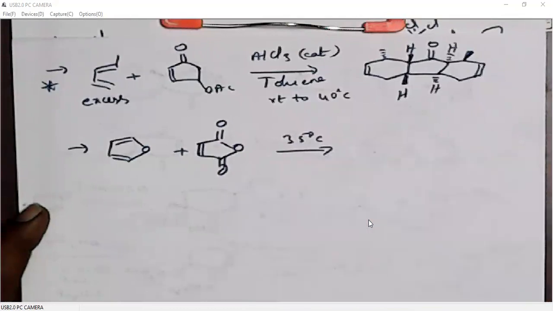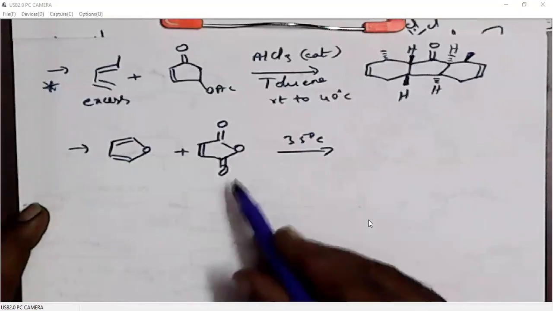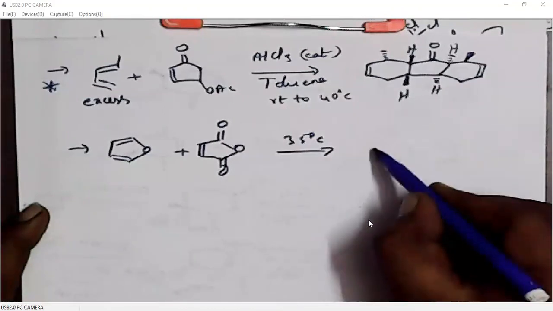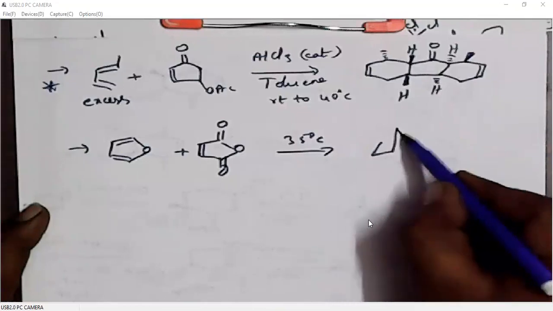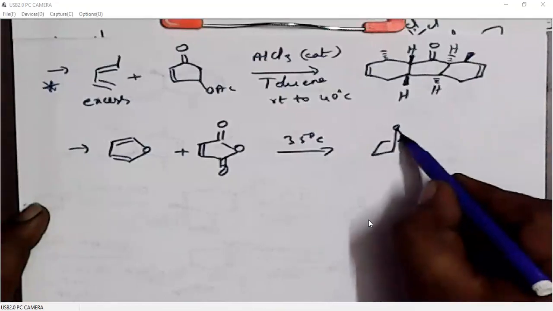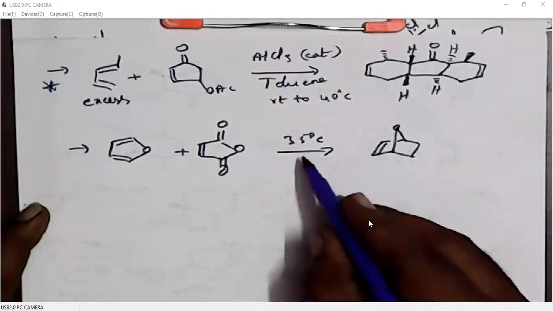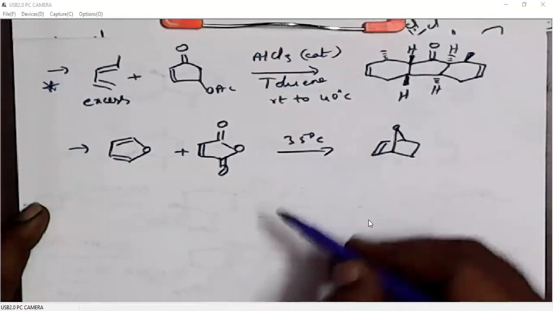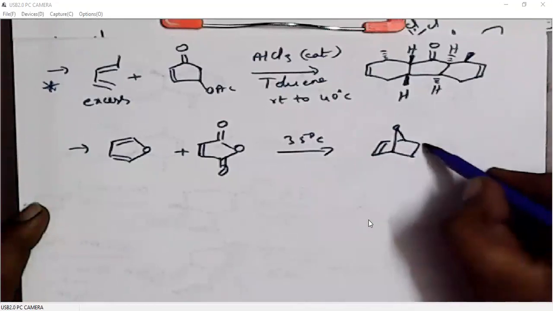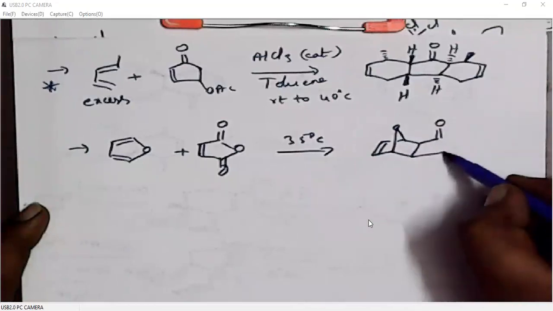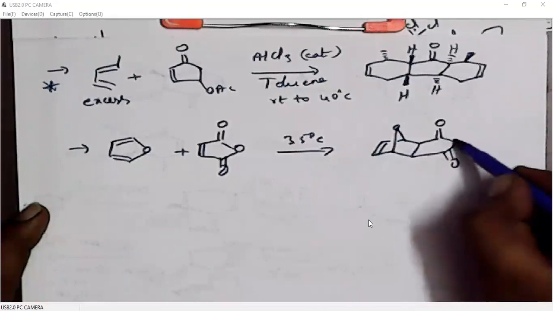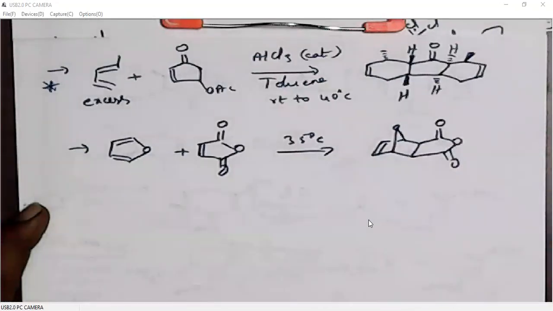If the endo product is unstable, it will rearrange to the more stable exo product. So in this case, we can clearly observe this. Here, the endo product we get from this is not stable at room temperature or 35 degrees centigrade. So here we will get the exo product. Exo is more thermally stable compared to endo.